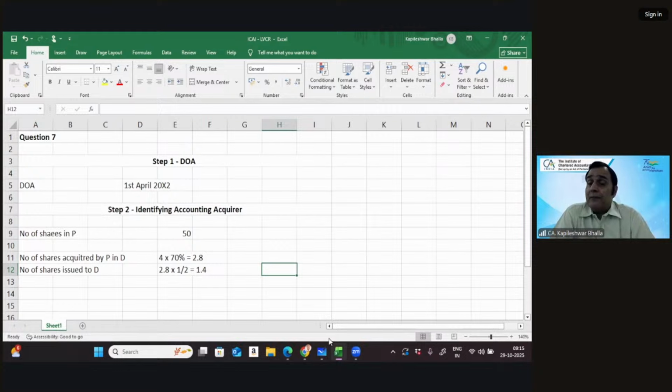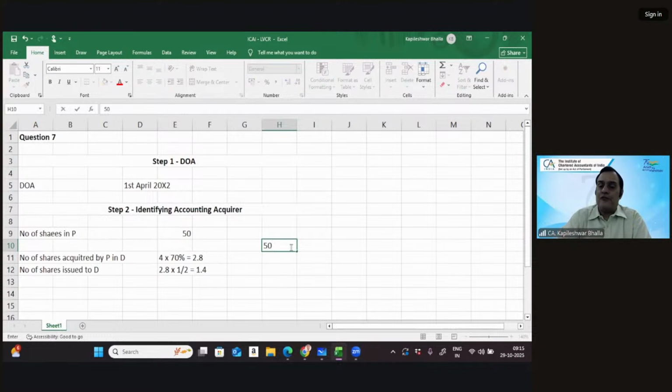Now, why am I doing this calculation? Because once the company Professional issues shares to the shareholders of Dynamic, he would have diluted his holding, and his percentage would have gone down. So let's calculate the percentage held. The shareholders of Professional have got 50 shares.